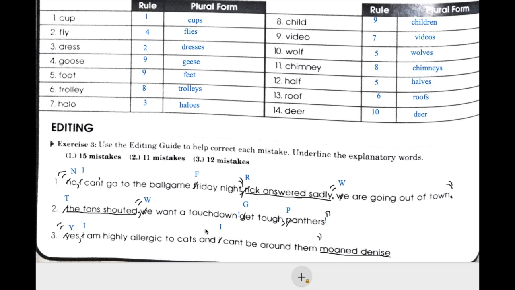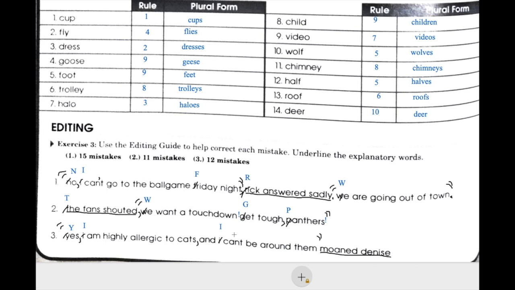Oh, you know what? We have 2 independent clauses here joined by a conjunction, but if we're going to join 2 independent clauses with a conjunction, we also need a comma because you have to have a comma and a conjunction to join the 2 independent clauses. So yes, comma, I am highly allergic to cats, comma, conjunction, and I can't be around them.